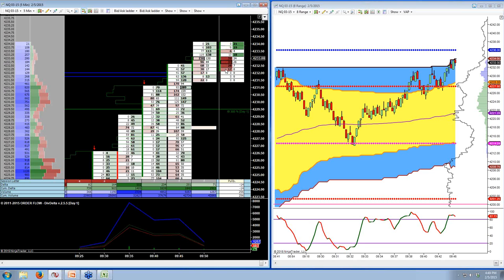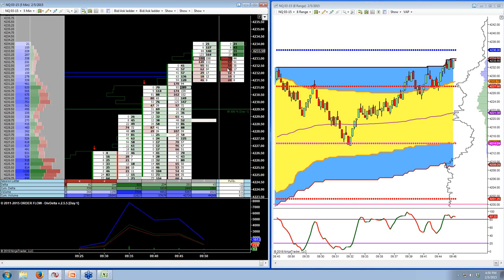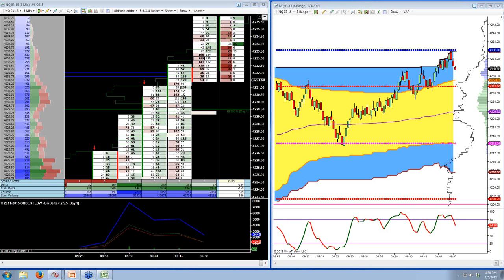So here you can see the sell orders, buy orders, sell orders. Let me just make this a little faster here. Just get through this.